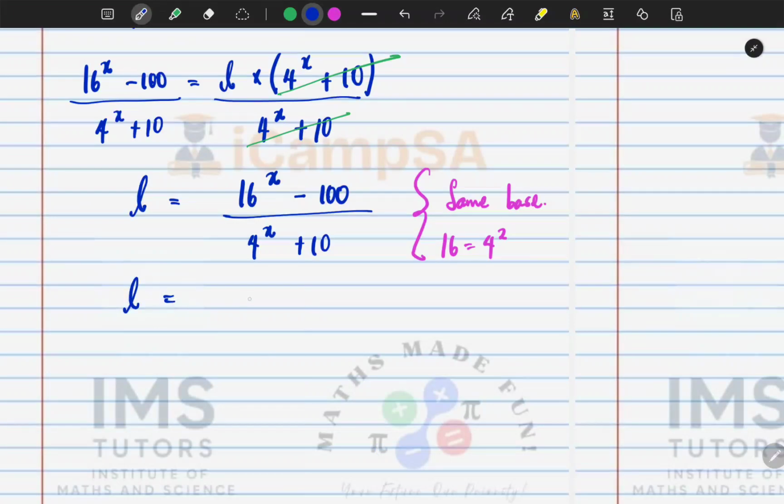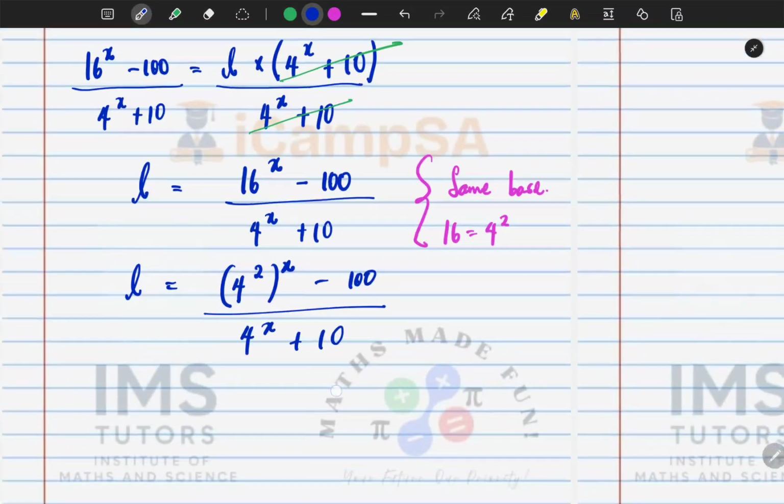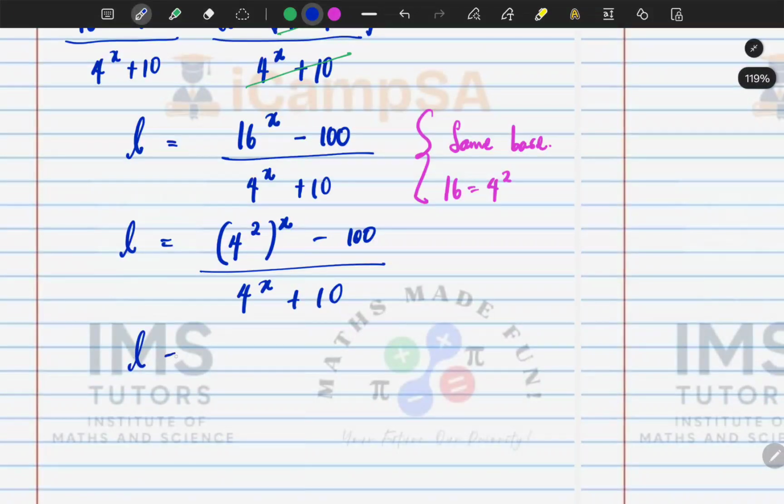So I have the length, which equals 4 squared to the power of x, minus 100, all over 4 to the power of x plus 10. So I'm going to say length equals 4 raised to the power of 2x minus 100, all over 4 to the power of x plus 10.